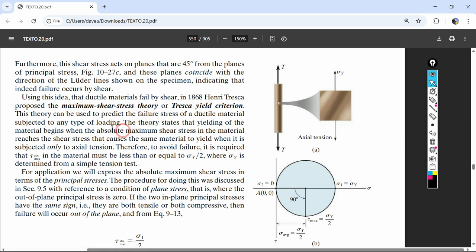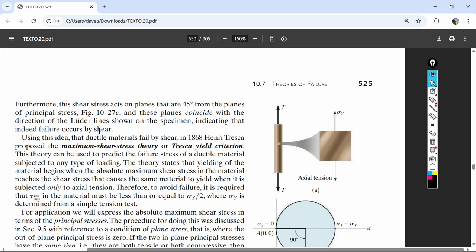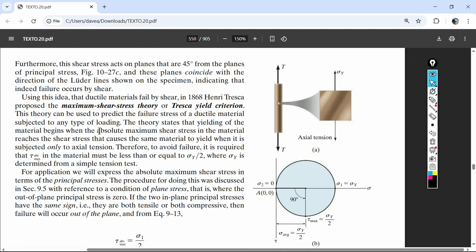So I'm confused in this chapter on theories of failure, on how they would diverge from just the common sense of it. I'm sure there's something more in this sentence that I'm not getting.